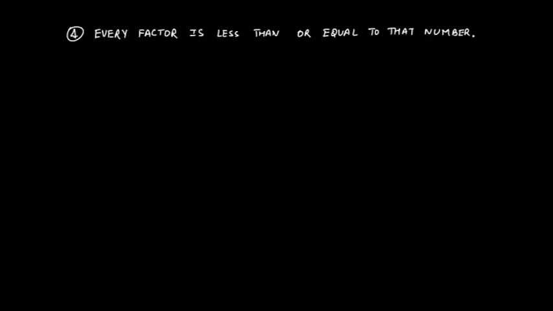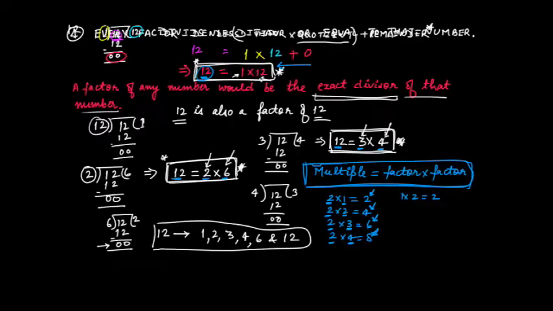The next point is that every factor is less than or equal to that number. Suppose we take the example of 12.